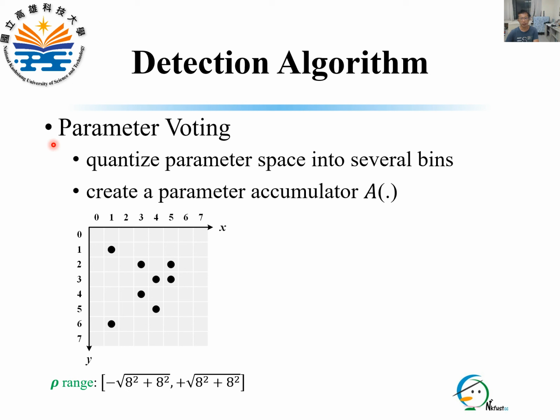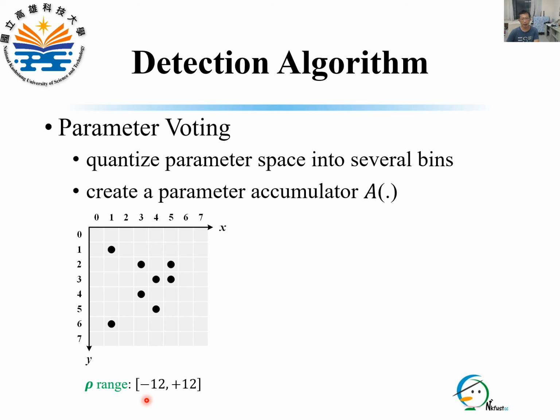After expressing the shape with the finite range parameters, the second step of Hough transform is parameter voting. We firstly quantize the parameter space into several bins, and then create a parameter accumulator array. In this example, with an A by A image, parameter rho is in this range as discussed.